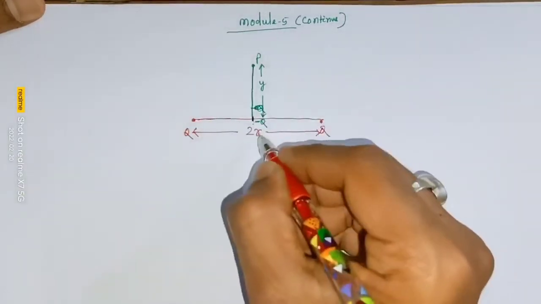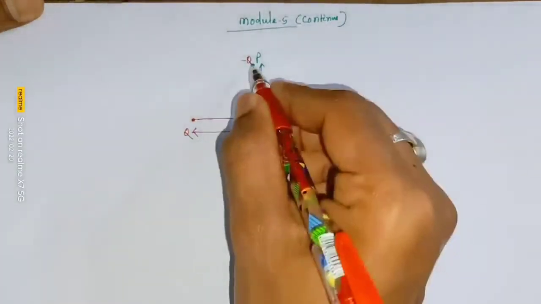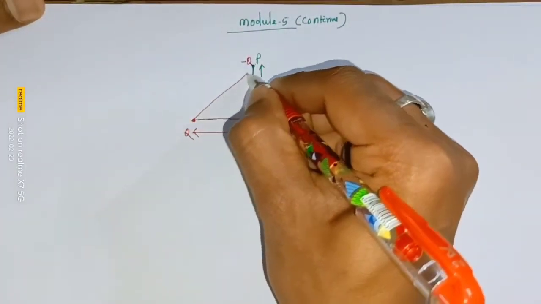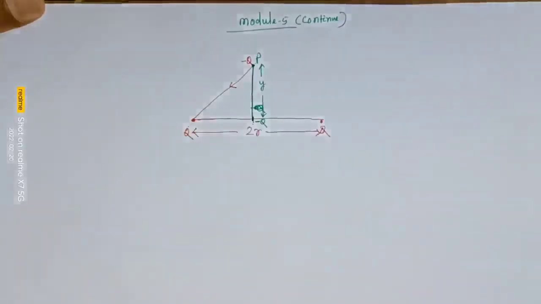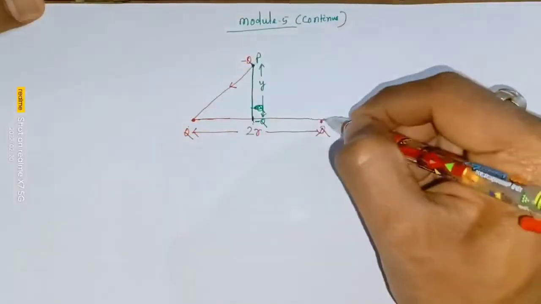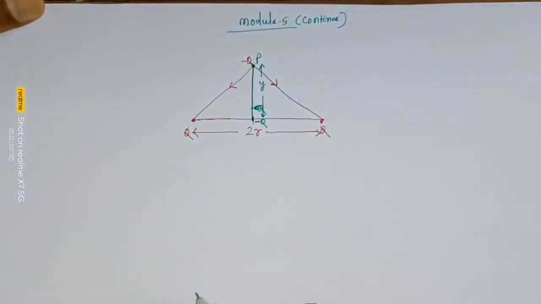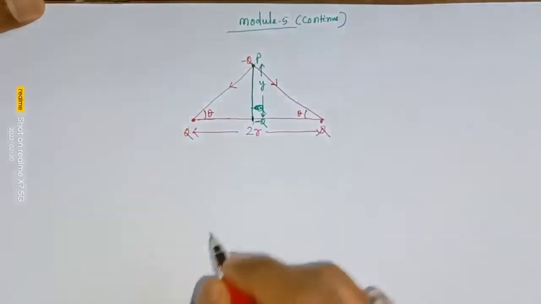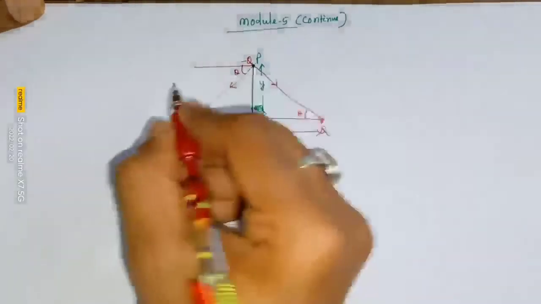If you observe carefully, this is the final situation. This is positive, this is negative, so it will attract like this. This is negative and this is positive, and this charge will attract like this. If this angle is theta, this angle is also theta.